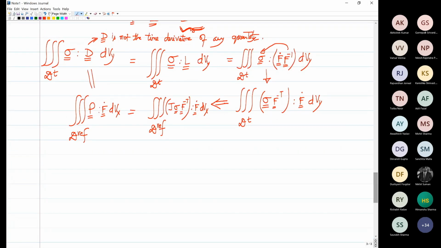And you can likewise think of other kind of stress measures also. For example, you have this strain, what is called Lagrangian strain tensor, isn't it? The Green Lagrange strain tensor, do you guys remember what is that? That's E, which is half of F transpose F minus identity, isn't it?